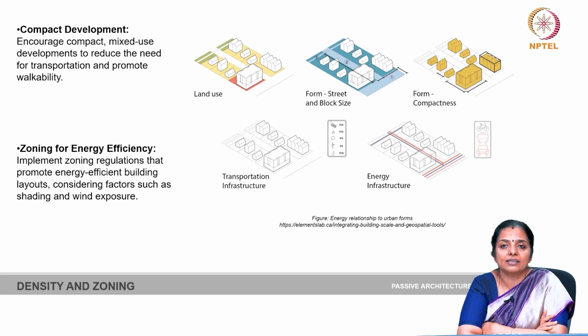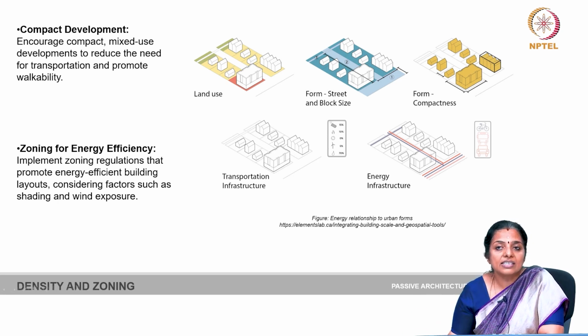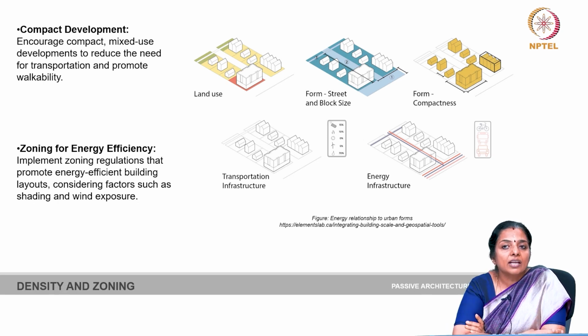You also must have energy efficient infrastructure, with guidelines to promote the use of this infrastructure, such as smart street lighting, green roofs and energy efficient building materials. Compact development must be encouraged to reduce the need for transportation and promote walkability. Zoning for energy efficiency must be implemented such that it promotes energy efficient building layouts, considering factors such as shading and wind exposure.